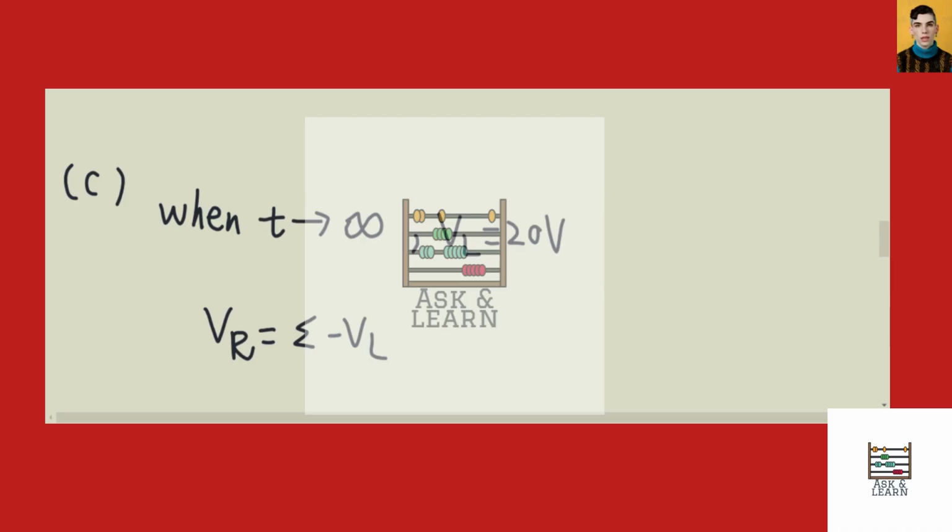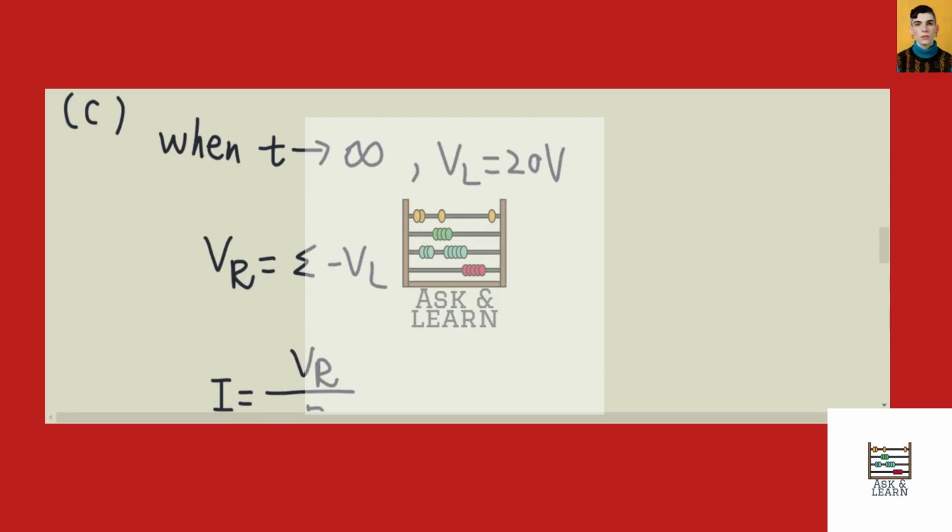So the potential across the resistor should be equal to EMF minus VL, since it's a series circuit. We know the potential across the source is 50 volts, and VL is 20 volts. Therefore, VR is equal to 30 volts.